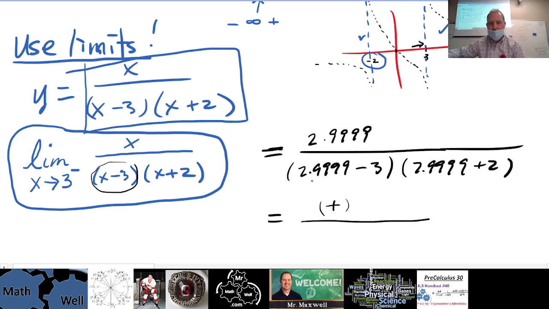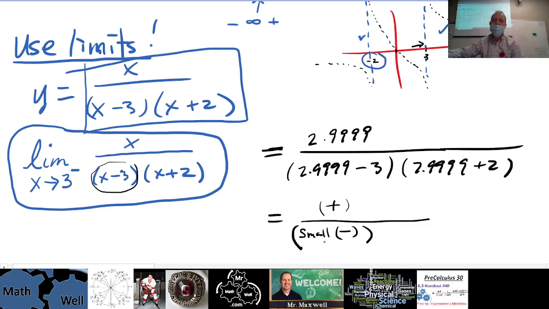What about this one? So this is 2.9999 minus 3. This is going to be a very small negative number, right? That's what this factor is going to be. And as x approaches 3 from the left, this number is going to get smaller and smaller and smaller, like 0.000000001.